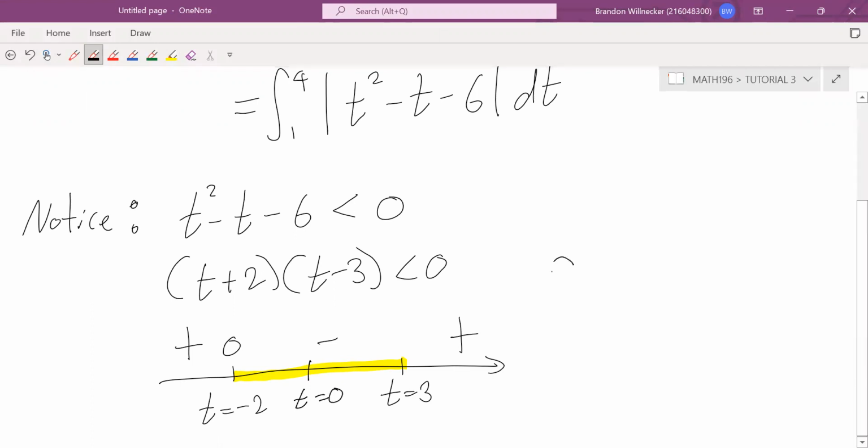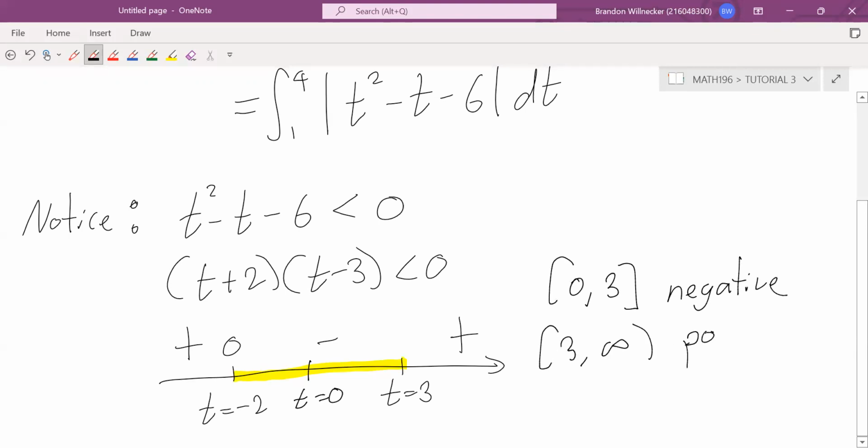So from 0 to 3, it's negative, and from 3 onwards, it's positive. For this first part of the time interval, we need to treat it differently. In other words, we need to put the minus sign in front of the function to make it positive again.